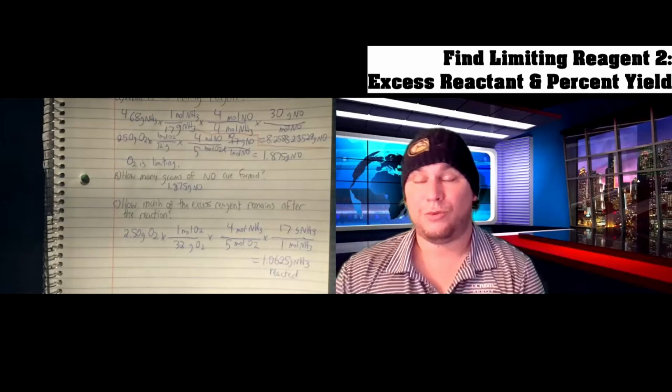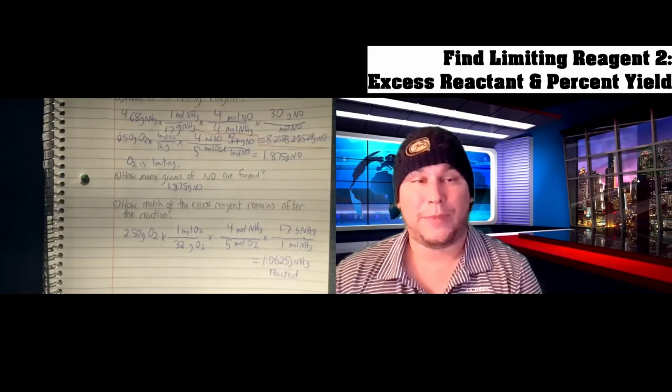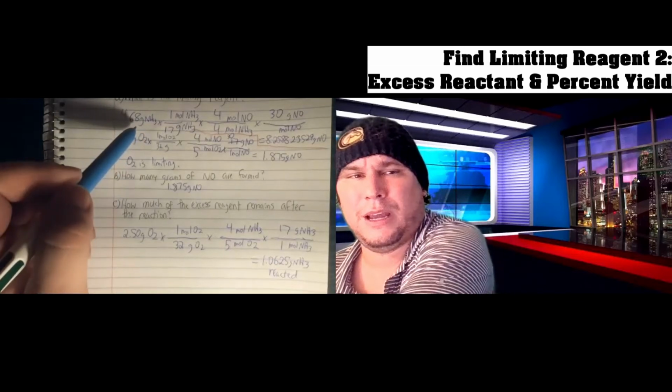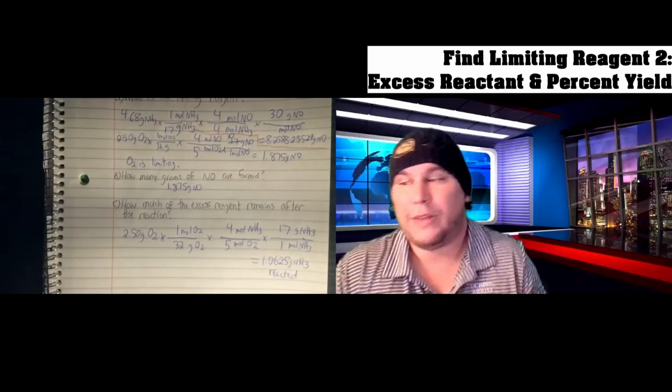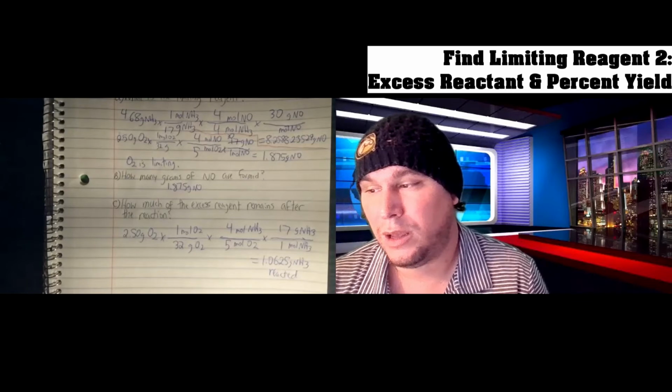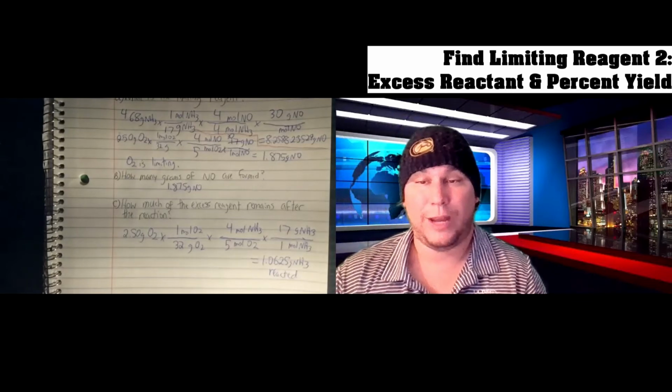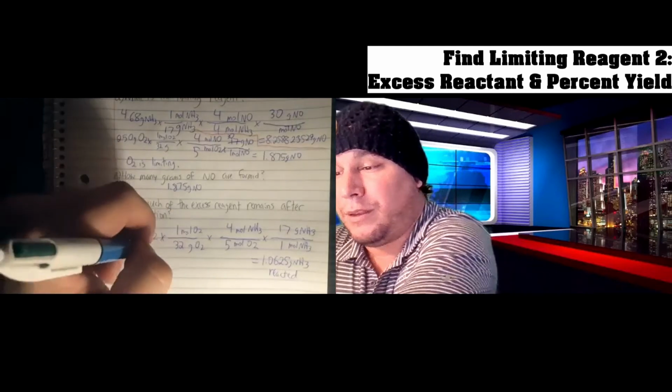So that's how much was reacted, but we know from the prompt that we started with more than that, right? You see it, it's 4.68 grams NH3. They told us that we started with that, but we didn't use all of it. We actually only used 1.0625 grams. So let's subtract what was reacted from the total that we started with.